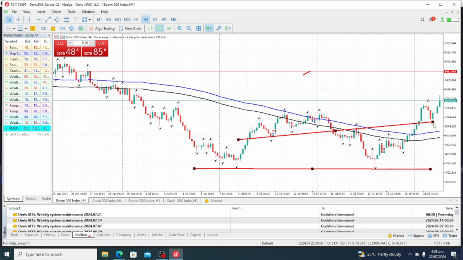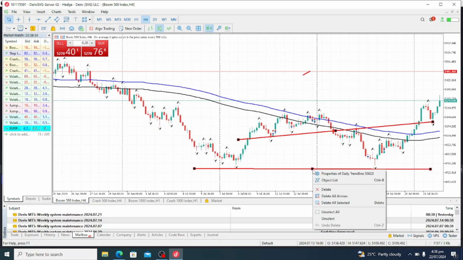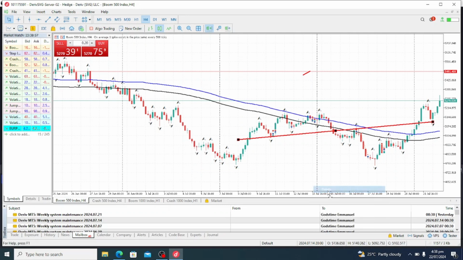Then the other pattern we'll be talking about is the trend line breakout. The trend line breakout simply means a trade breaking out from the trend, which is the trade changing direction. And to have a good trend, you need at least touching points on the trend line.